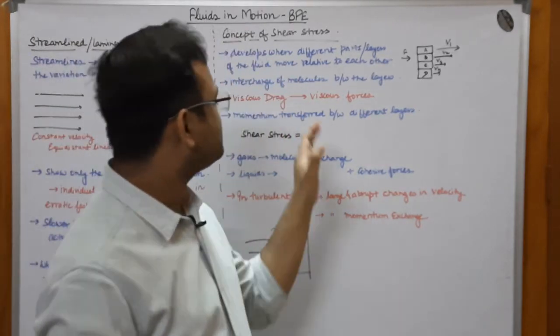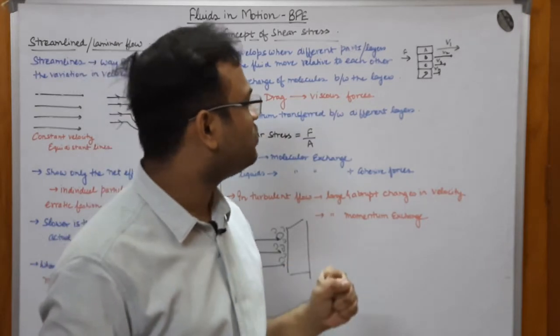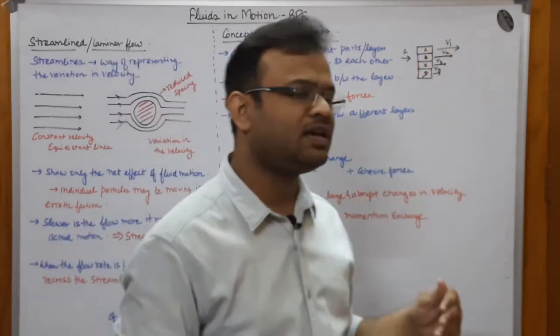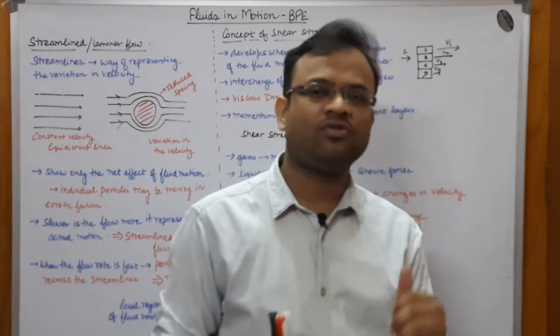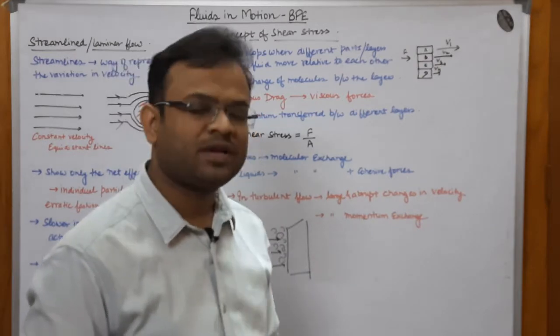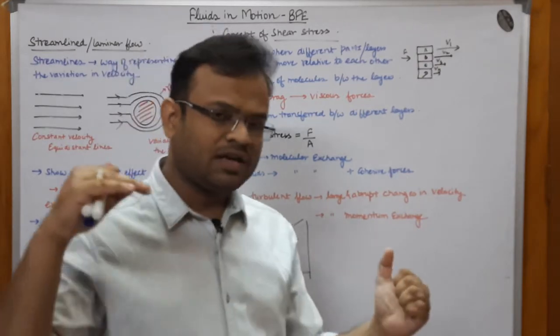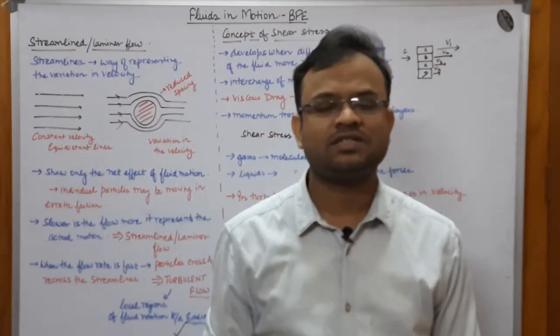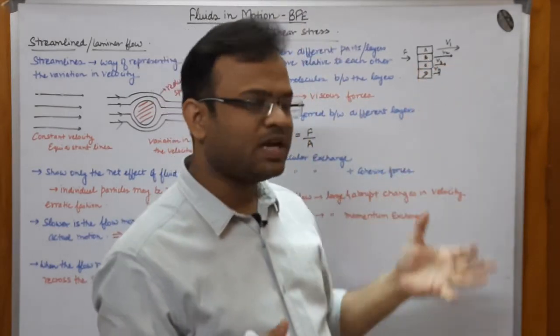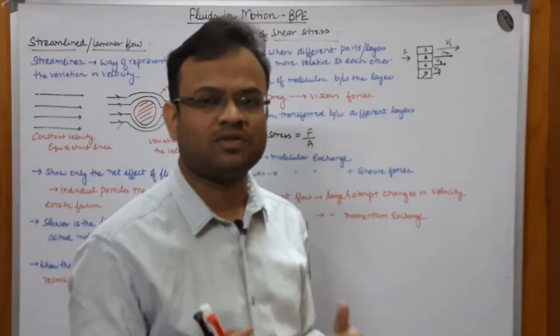Now what happens is the interchange of molecules between the layers would take place. Now let us understand this: A, B, C and D are not the books, they are the fluids. Since they are in contact with each other, what will happen? The layer that would be having the highest velocity and the layer that would be having a little lesser velocity, what will happen?